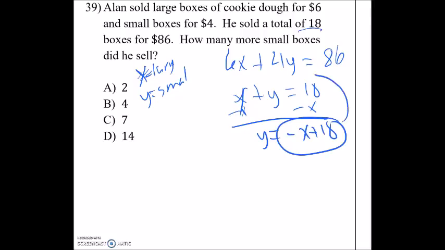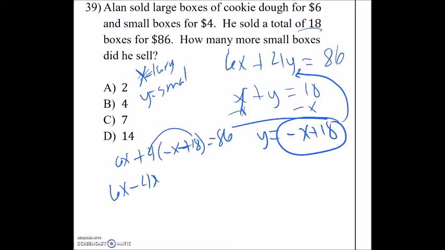This here I have to substitute for that. So I have 6x plus 4 parentheses negative x plus 18 equals 86. That is 6x minus 4x. 4 times 18 would be plus 72 equals 86.